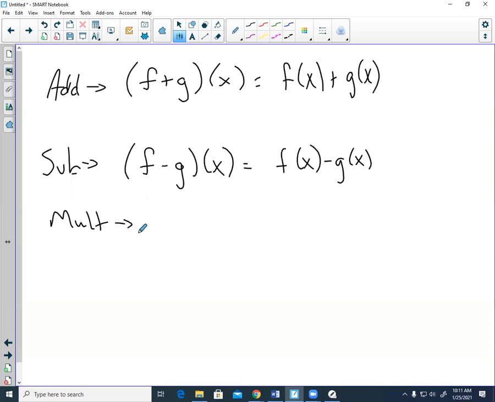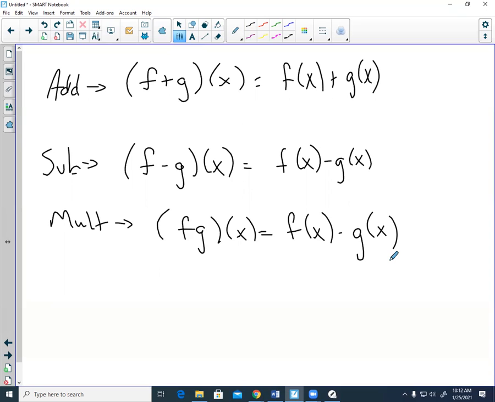Multiplication, usually they won't put a dot or anything in there. They'll just put them next to each other like this. But if you do see it the simple way like this, they usually do put a dot in between. That is not a subtraction sign, it is a dot.